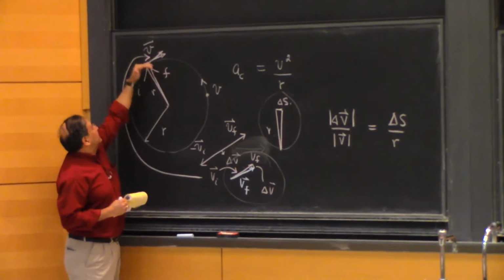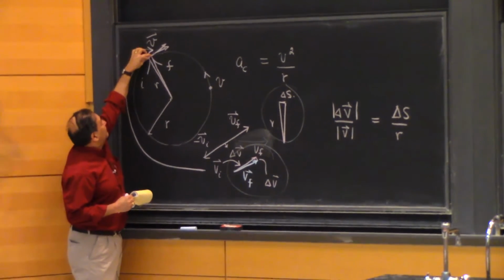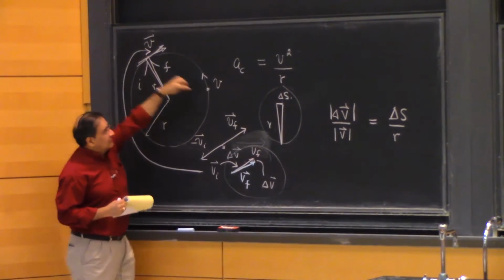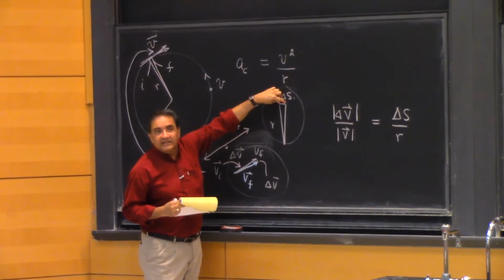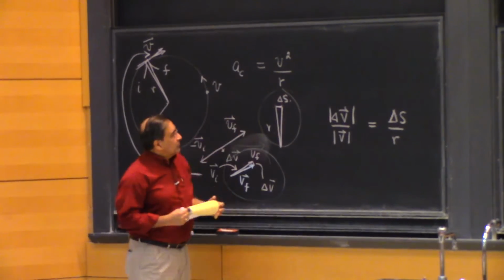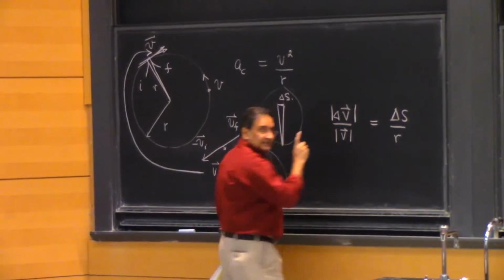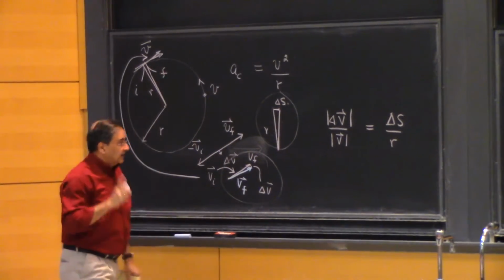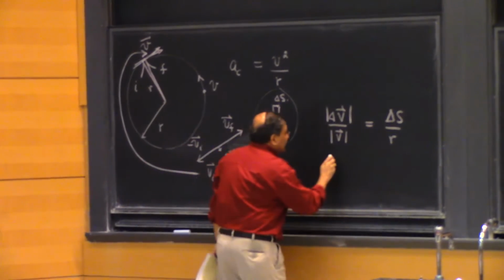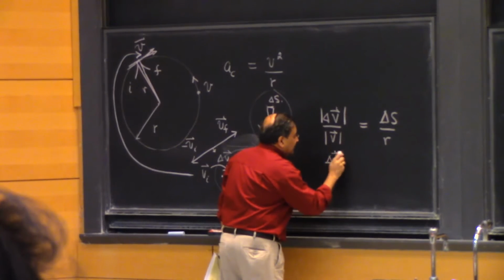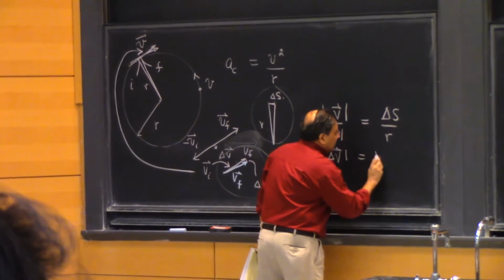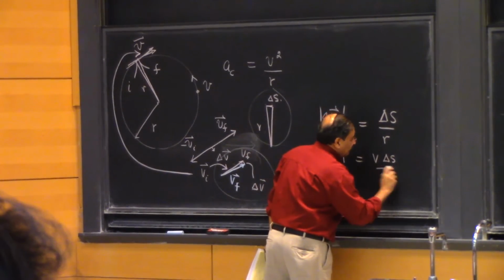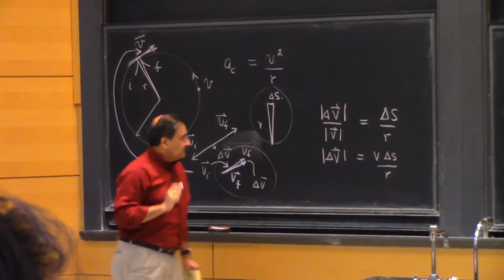This line and the other line are at 90 degrees. And actually this delta V hence becomes identical to delta S if you take the ratio. So this relationship must be valid. If this relationship is valid, then I can write this as delta V equals V delta S over R. Okay?